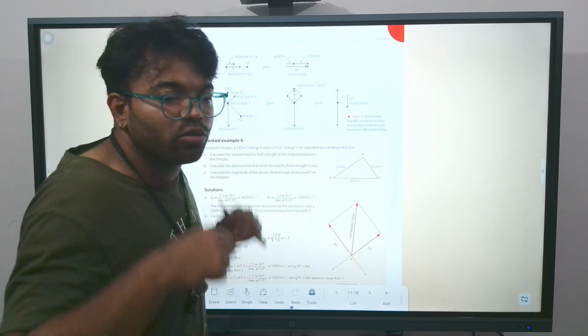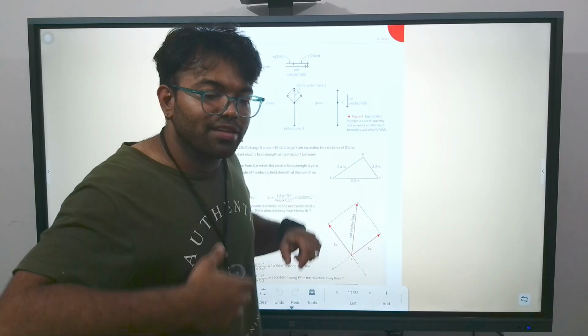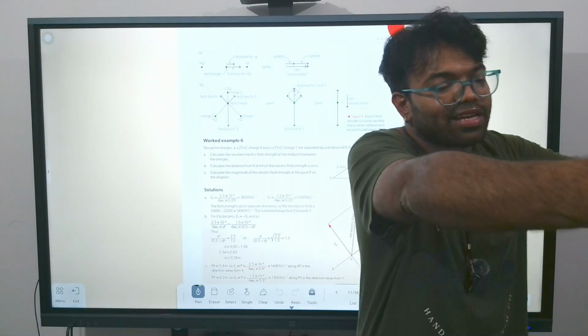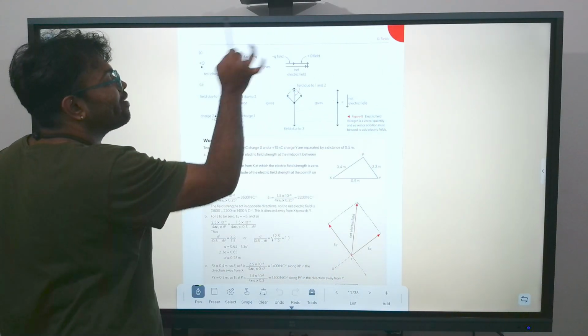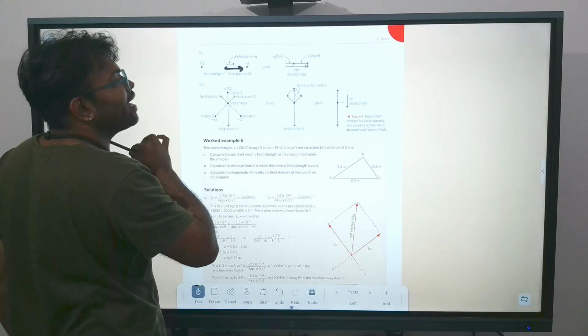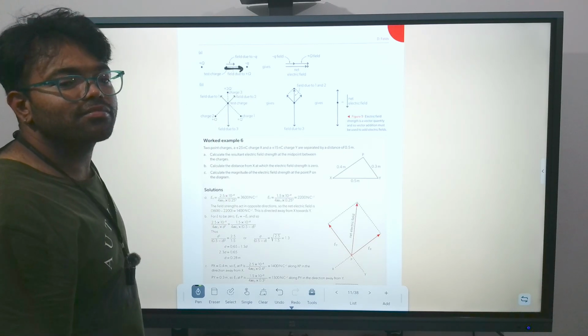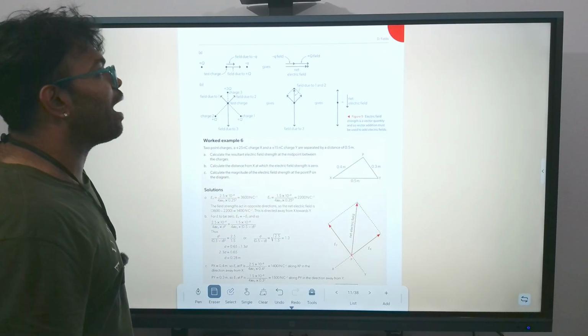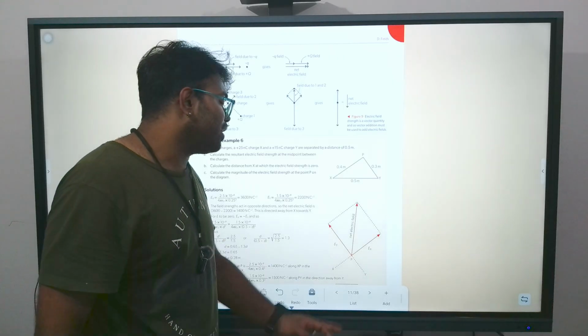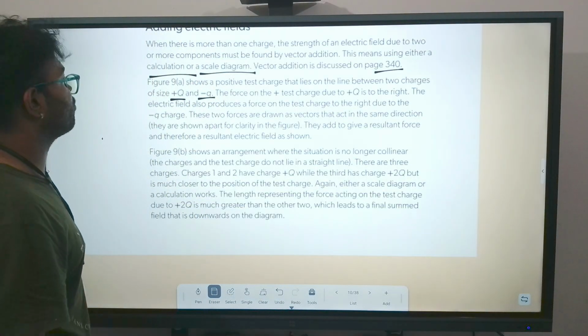So someone is trying to kick you from one side, and the other one is trying to grab you and hug you from the other side. So what happens here? The resultant electric field would be in this direction, right? So the particle will be moving in this direction. This is what's happening here. We have to understand how to resolve such types of questions.